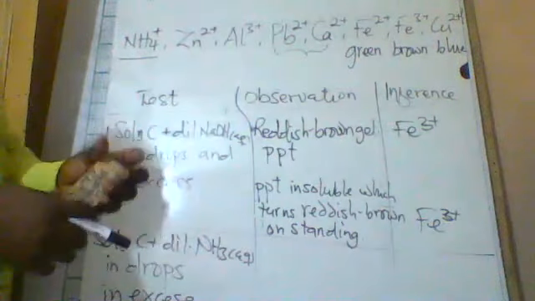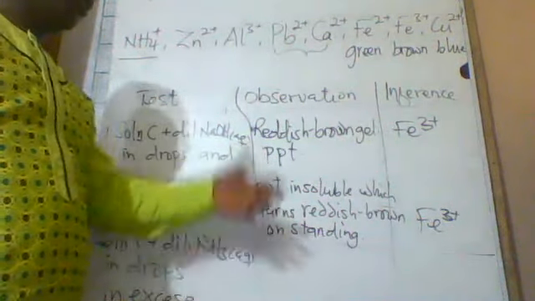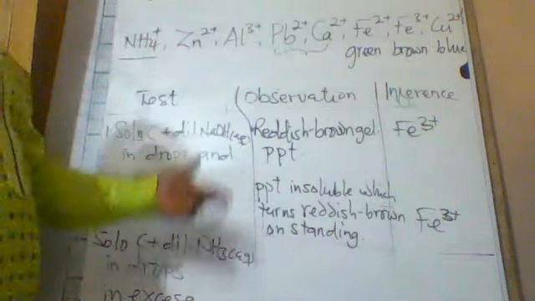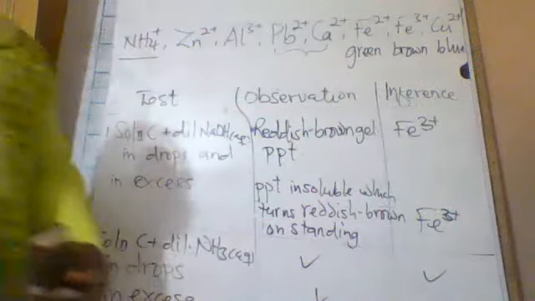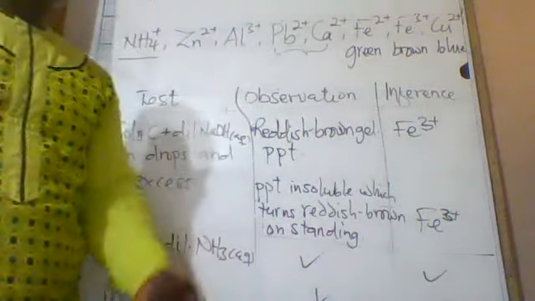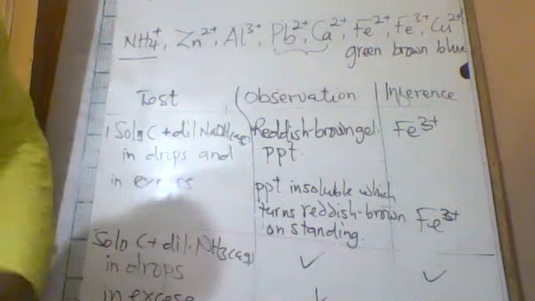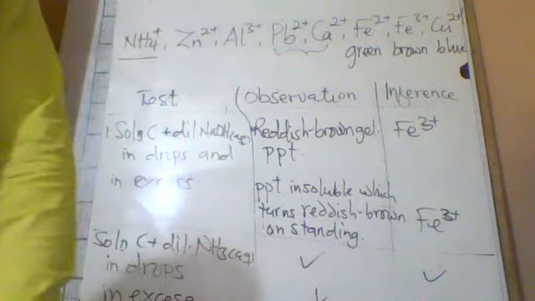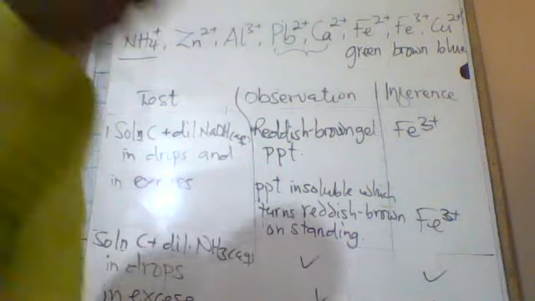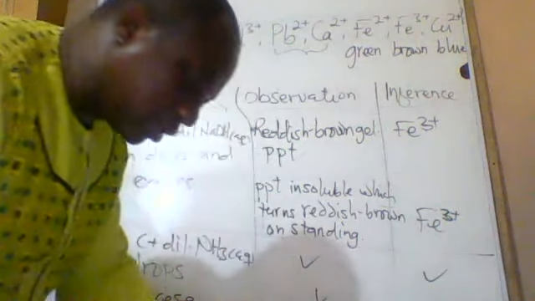The PPT is insoluble in excess. If you are using ammonia instead of sodium hydroxide, the same observation, the same thing over here. Direct, no change. Yes, sir. Any question?